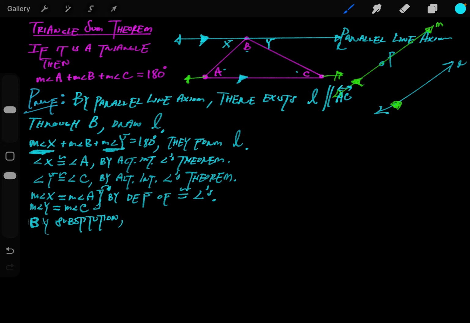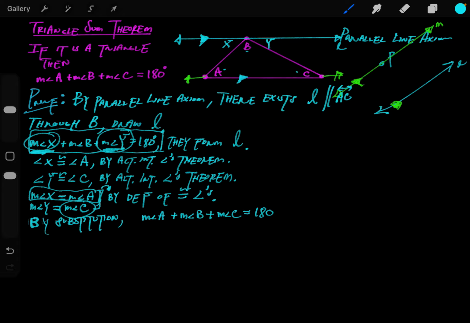By substitution, look, in this first equation, X is the same as A from this equation. So by substitution, I could substitute the measure of X for the measure of A, plus the measure of B just stays, and then I substitute C for Y, and then I get that this must equal 180 degrees, and that this will work for any triangle.